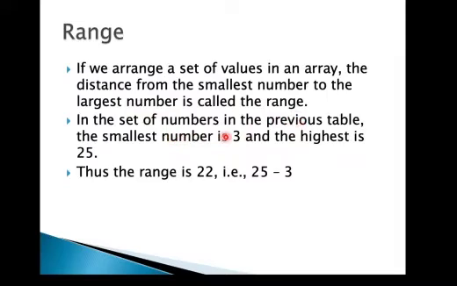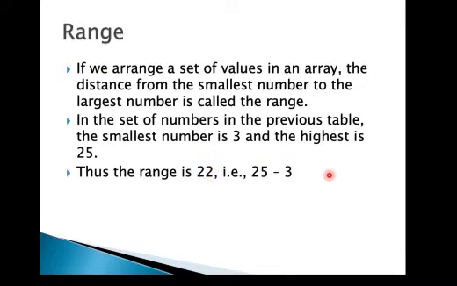A while ago, in the set of numbers that we showed to you previously, the smallest number is 3 and the highest is 25. And so, the range is the difference between the highest, 25, and the lowest, 3, and the range is 22.